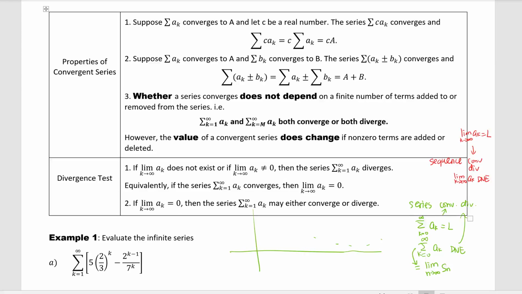If, let's say, the limit is 1, then what happens? You're just adding a bunch of 1s for the series. So that's why the series also diverges. So as long as the sequence diverges or the sequence converges to a non-zero number, then the series will diverge. Okay, so equivalently, we have the contrapositive statement.